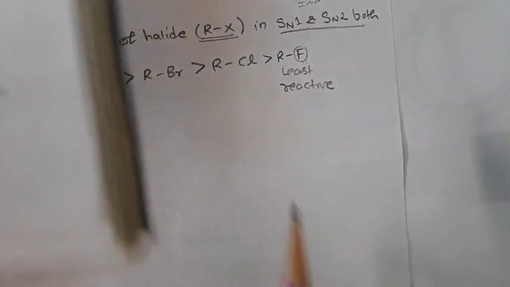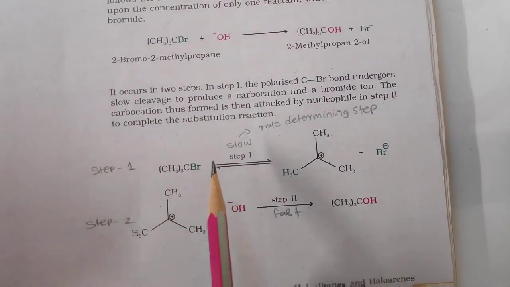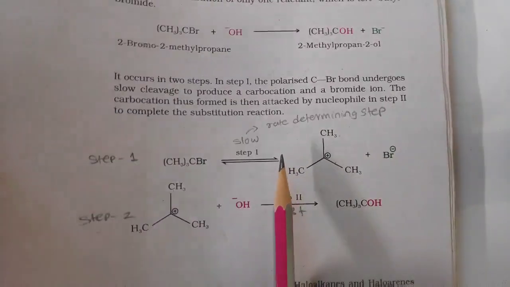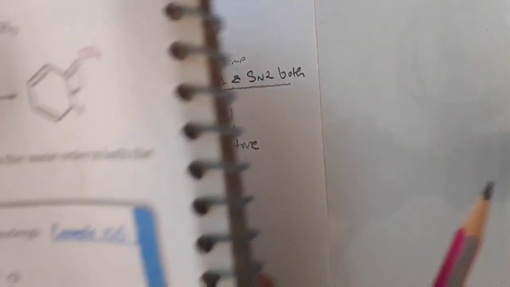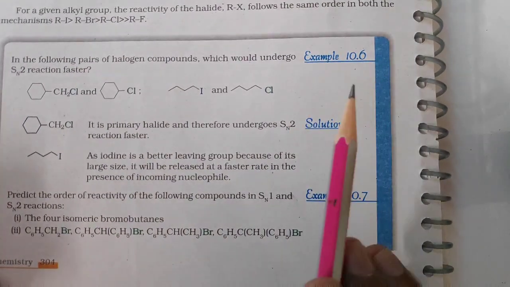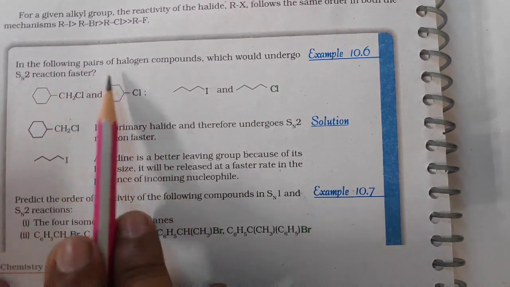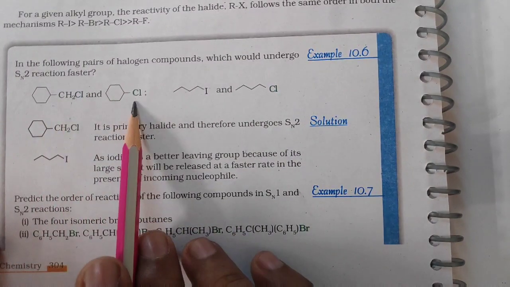This same thing is given in your textbook, but always make notes from the page I have written. Now there is homework: example 10.6. It is very easy. Read carefully and use your brain. Here two compounds are given.